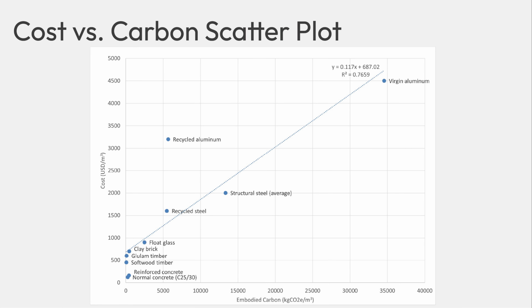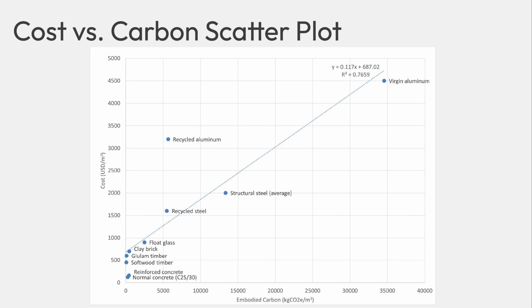However, what's important is how the points are distributed around the trend line. Instead of forming a smooth linear pattern, the data clearly clusters by material type. Timber materials appear in the low-cost, low-carbon region.